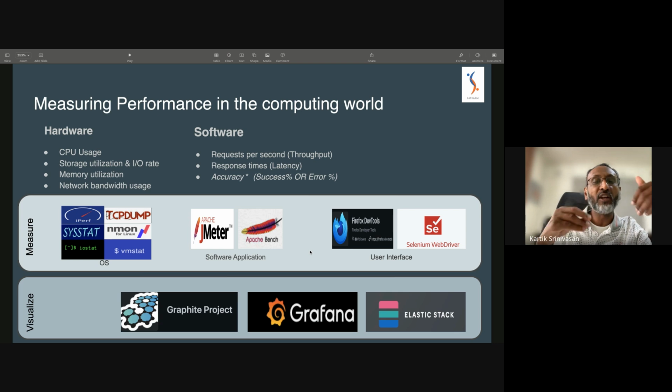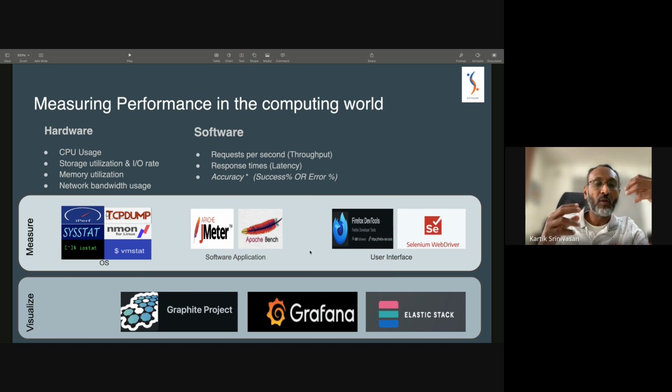So now that you have measured all of this, the way to interpret the measurements is through visualizations. There are tools like Graphite, Grafana, or even the Elastic Stack, an ELK or an OpenSearch, that will allow you to feed in this data and look at performance metrics over a period of time, so that you can trend it, analyze it, find certain insights around the performance of your application, and then do course corrections and what are called optimizations.